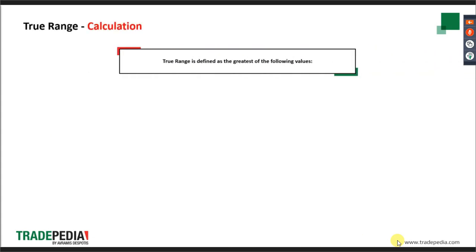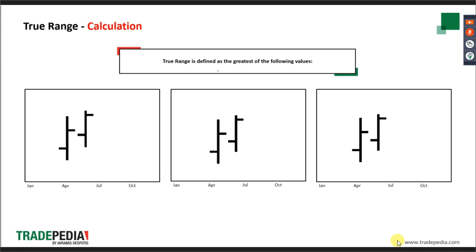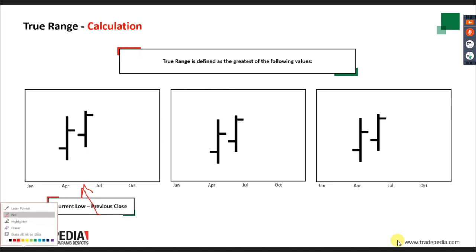So here is the calculation. The true range is defined as the greatest of the following values. First, the current low minus the previous close. So this is today and this is previous. The current low is right here and the previous close is right here.